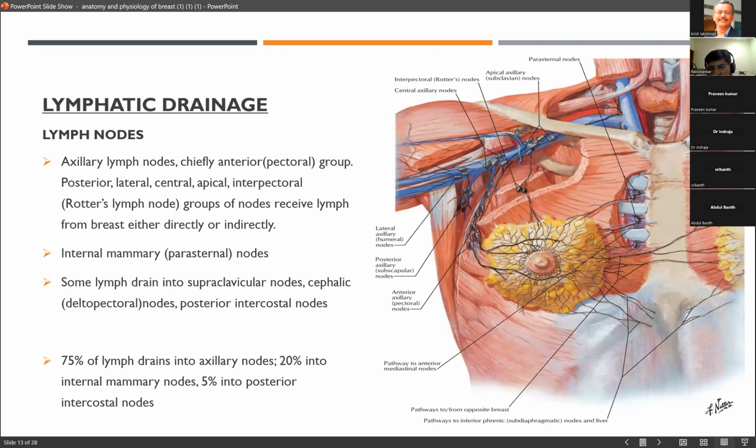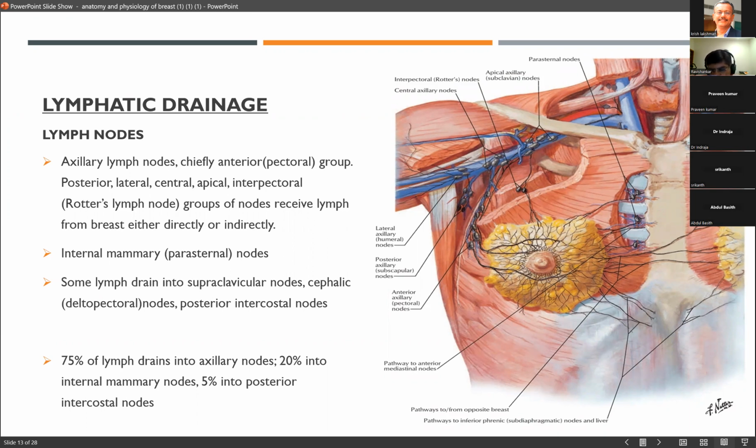The upper inner quadrant and the lower inner quadrant supposedly drain to the internal mammary. But as sir said, this pattern can be disrupted by tumor emboli blocking the lymphatics and causing backflow also. That is generally the accepted pattern.